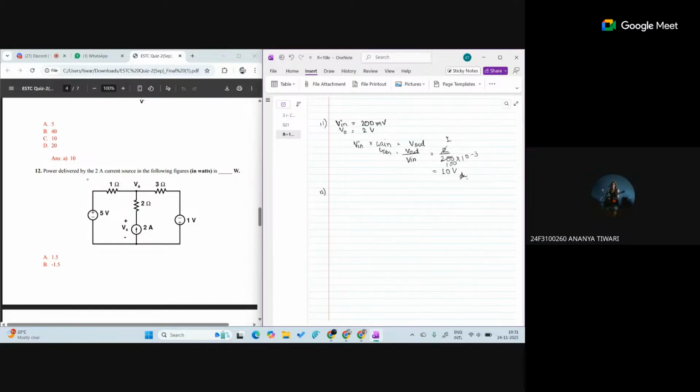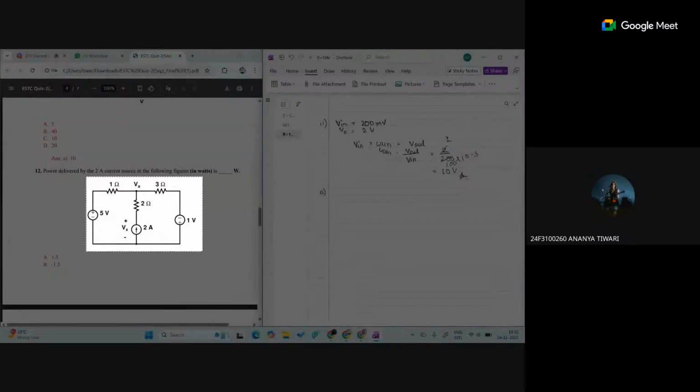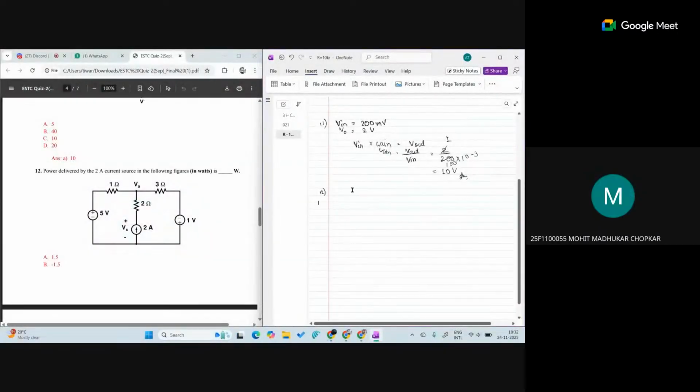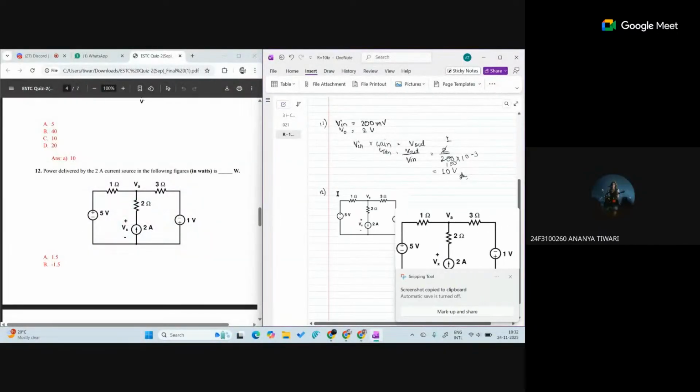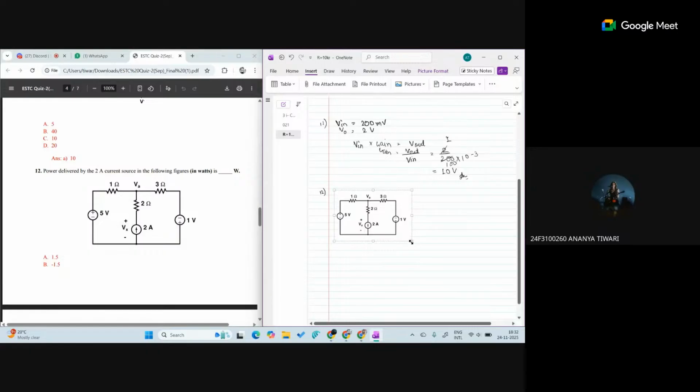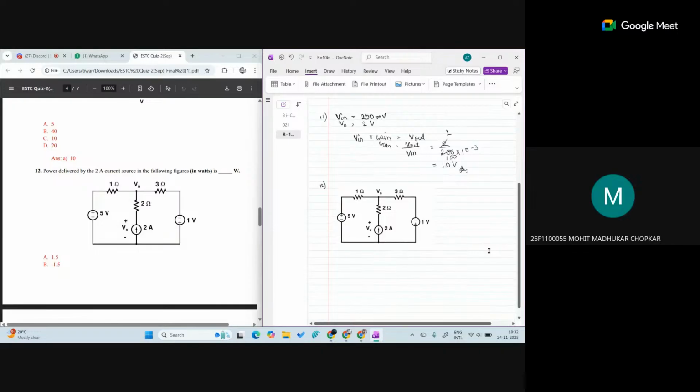So we have this circuit, and we have to find the power delivered by the 2 ampere source. First we can use the superposition method here. Any other solution which you can apply here? We can find the nodal voltage.